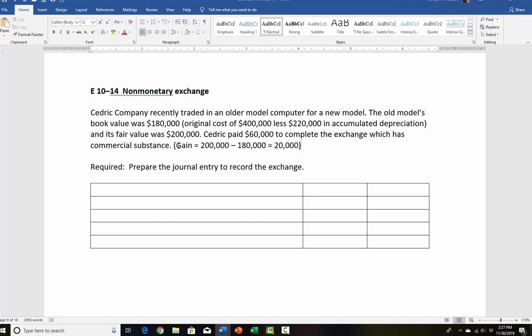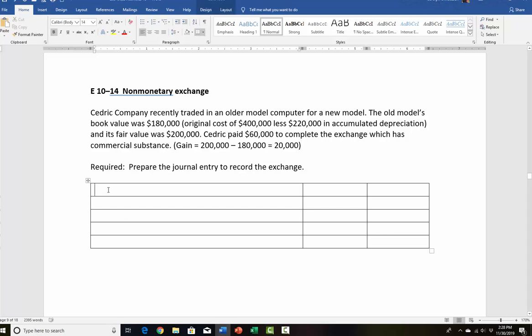So let's put together this journal entry. The first thing is, what did Cedric pay for this new computer? Think about it. They paid $60,000 in cash. But what else did they pay? They gave up this computer that was worth $200,000.